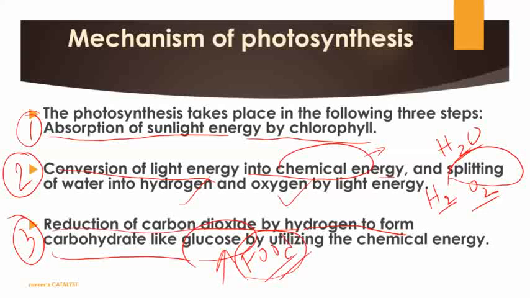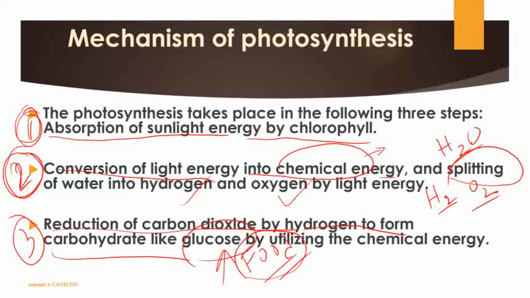So it is not necessary that all the three processes will be completed step by step. Means to say, sometimes it is not necessary that the first step will be completed first, and only then the next step will be followed up. Sometimes, like when we talk about desert plants, they do all these processes not in steps. They do not follow this particular sequence for the preparation of food, or simply for the process of photosynthesis.